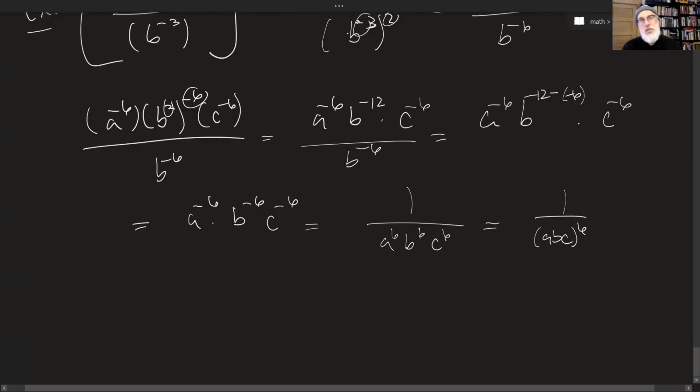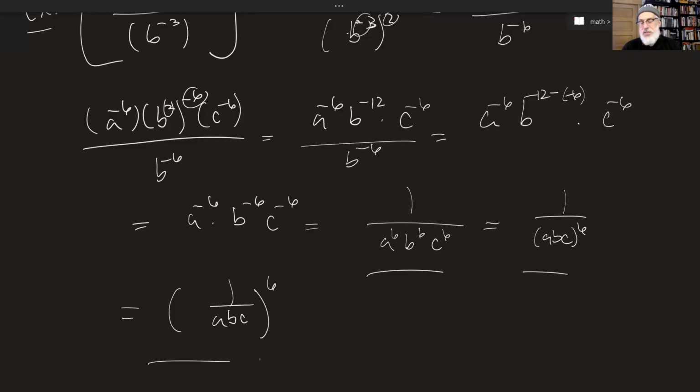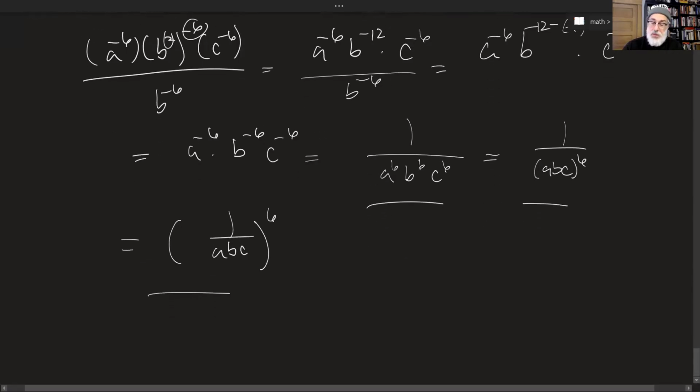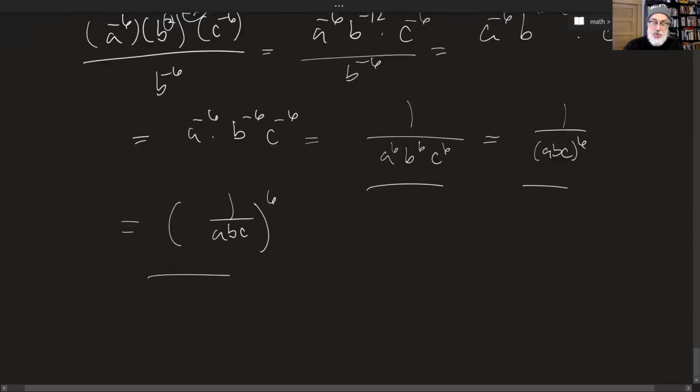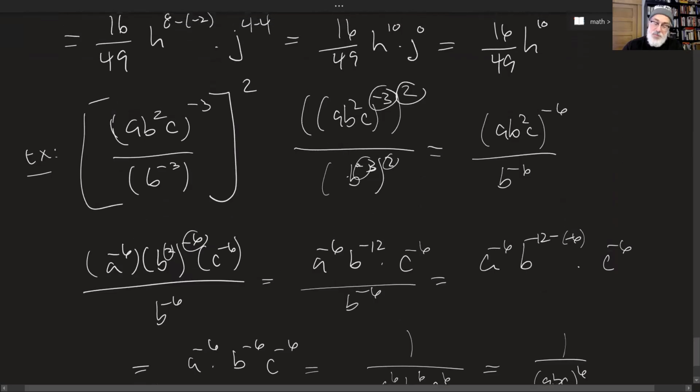And since 1 to the 6th is just 1, I can actually write this as 1 over abc to the 6th. Any of these is a conclusion point. Again, it depends on your professor, depends on what the question was asked, depends on what you want to do, but that's it. A much simpler expression than what we started out with.